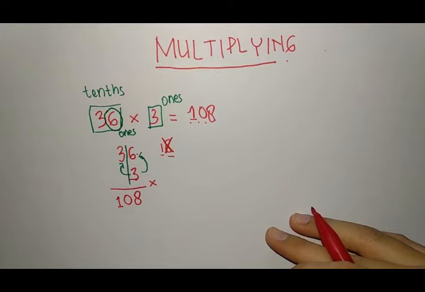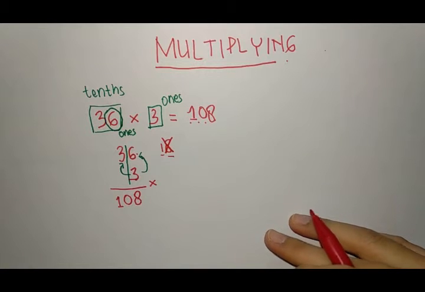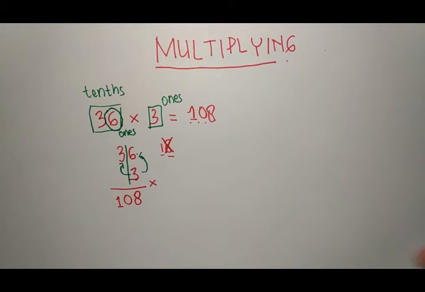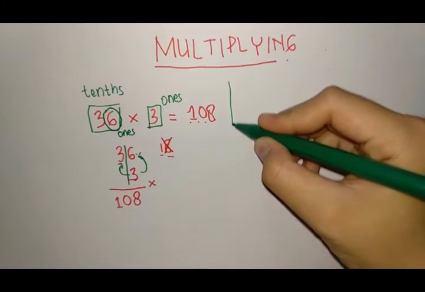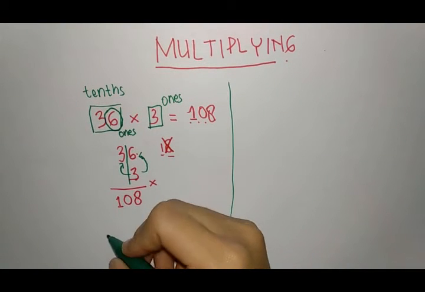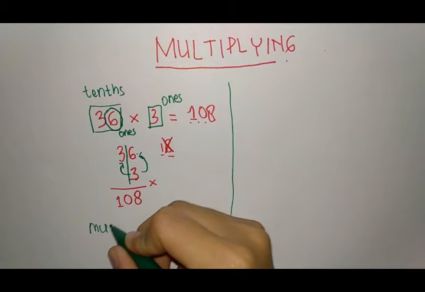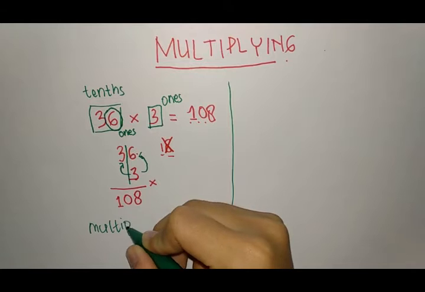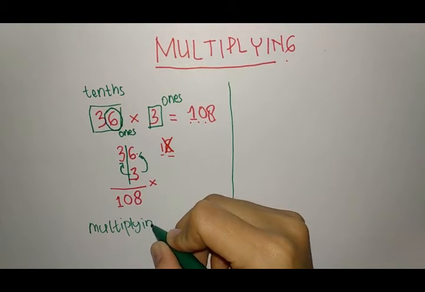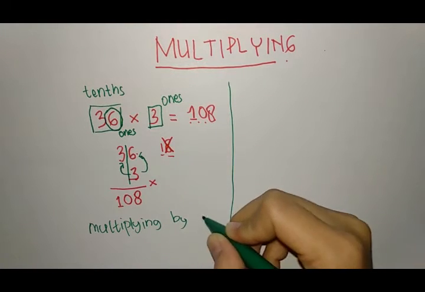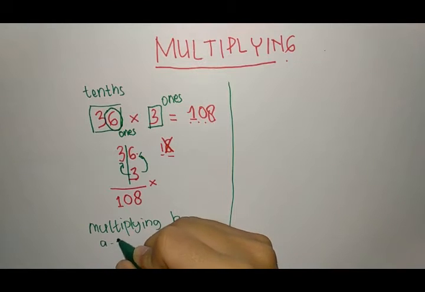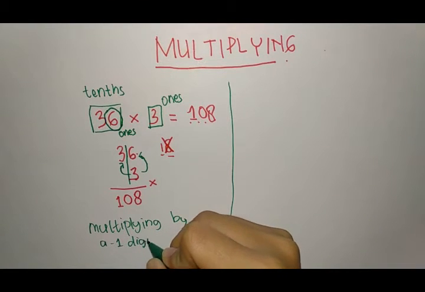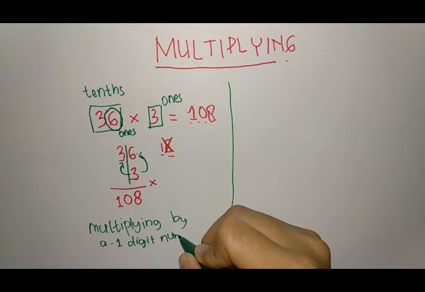So how to solve multiplying by a two-digit number, miss? Okay, I will give another example. Okay, this is multiplying by a one-digit number.